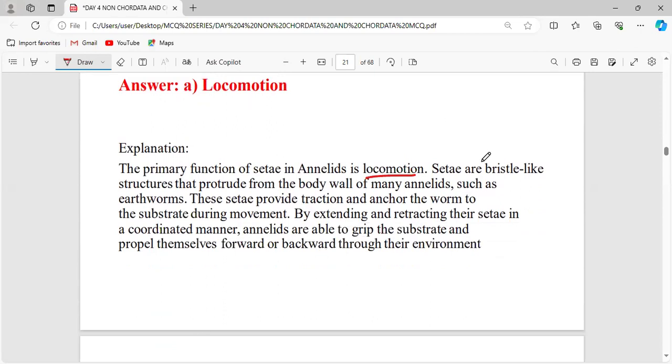How do the setae look? They look like bristles. They provide traction and anchor the worm to the substrate during movement. It helps the organism attach to the substratum to avoid friction. This is the main function of the setae.